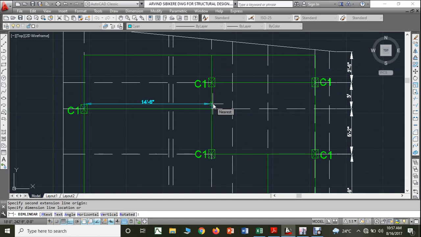I can almost take 15 feet only because we will be on the safer side. So 15 feet will be 15 feet multiplied by 0.30.